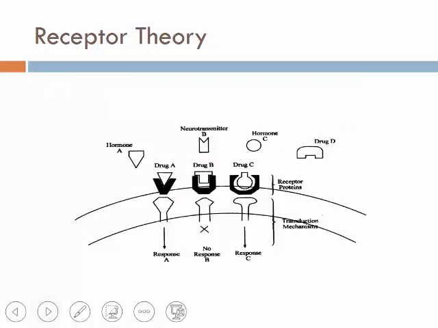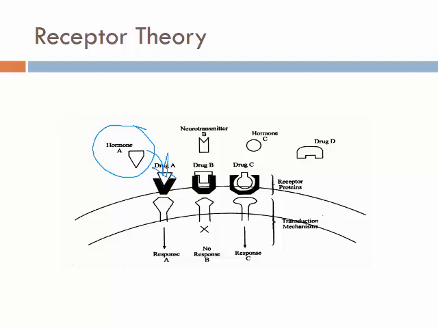So again, this is, I'm sure, review for you guys, but if a drug, or in this case a hormone, can come in and bind to this receptor like a lock and key, you're going to have that response from that hormone or drug A. We can also have a neurotransmitter. This neurotransmitter, in this case, as drug B comes in here, it's blocking the response from happening. So this is an antagonist, right?